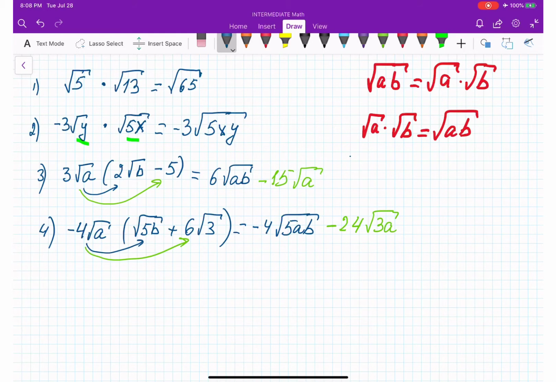Negative square root r times square root r minus 4 square root s.